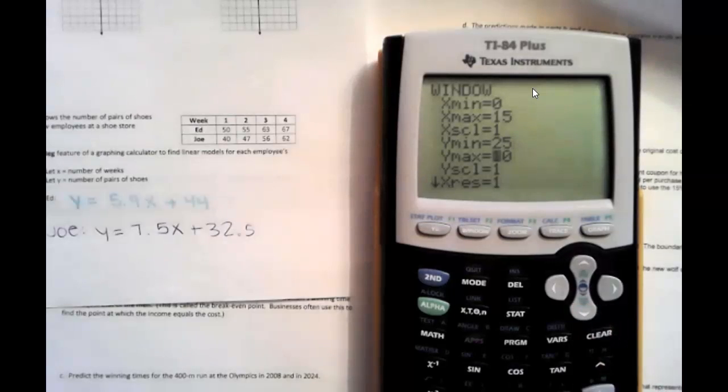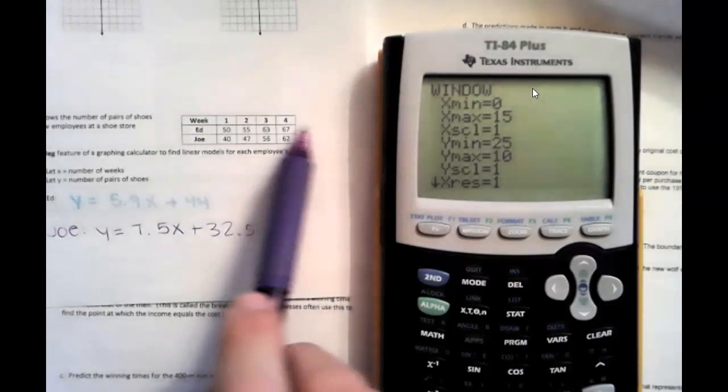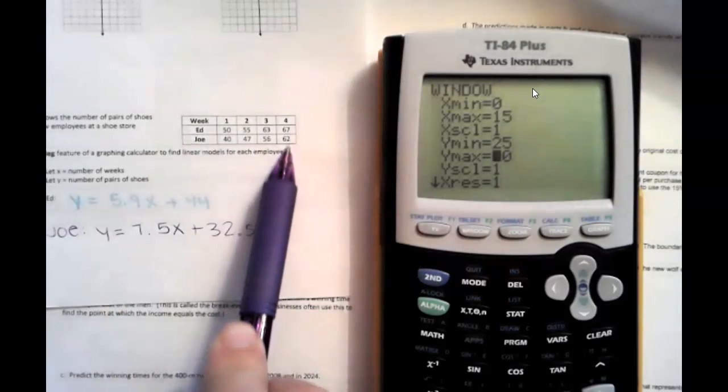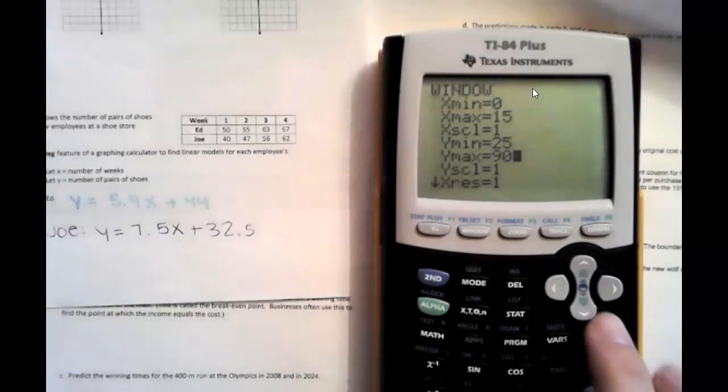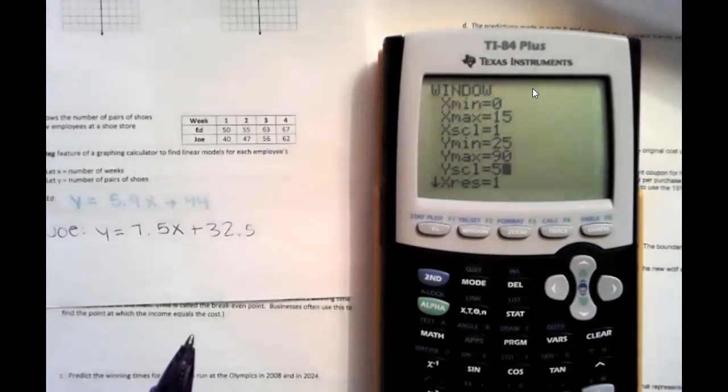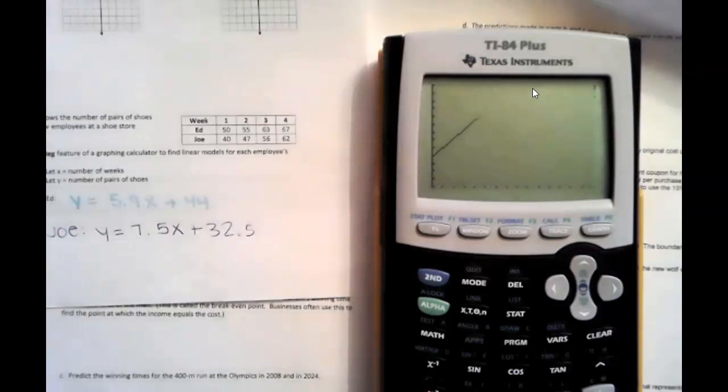And then what we're going to do is take our Y max. At week 4, it's 67 and 62. So I'm going to take my Y max all the way out to 90. And to make my graph quicker, I'm going to make my Y scale 5. And then we're going to go to graph.